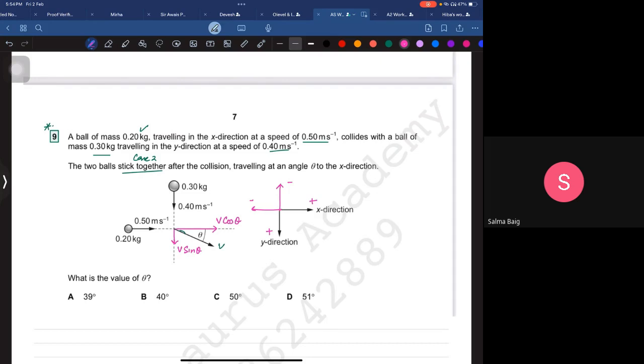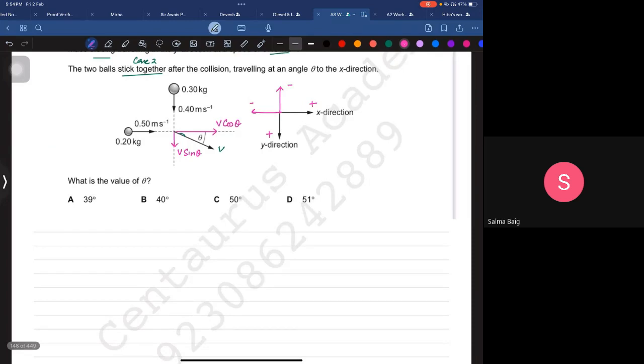Okay. Once you've done this, now what you got to do is make two separate equations. First of all, we're going to make an equation for horizontal, and then an equation for vertical. For horizontal, I'm going to say that m1 u1 plus m2 u2 equals m1 v1 plus m2 v2. So m1 here is 0.20 and the speed horizontally was 0.5, so I'm going to write 0.50.